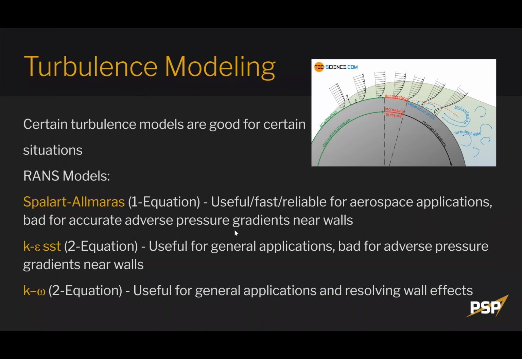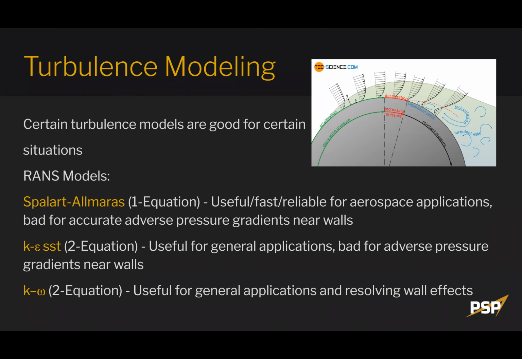Here are some of the downsides of using them and the applications you'd use them for. Spalart-Allmaras has one equation and is useful for fast and reliable aerospace applications. It was designed for aerospace, so it's used mostly for calculating drag and drag coefficients.